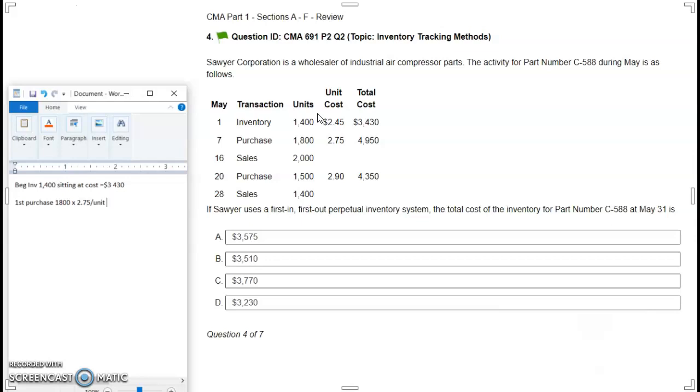Let me check on my calculator. 2.75 times 1800 gives you the same thing, 4950.